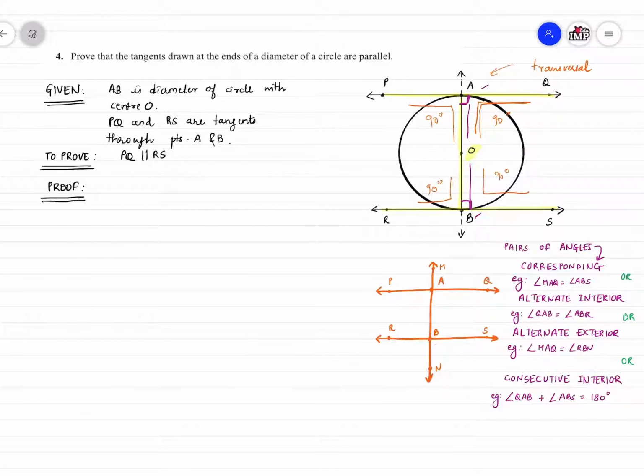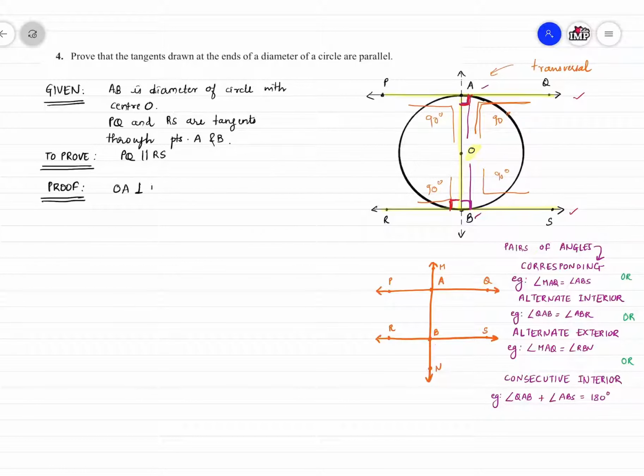And QAO and OBR, these angles, are alternate interior angles. Since their measures are 90 degrees, they are equal to each other. And since they are equal to each other, we can say that PQ is parallel to RS. That's it. It's that simple. So let's just write down the proof.